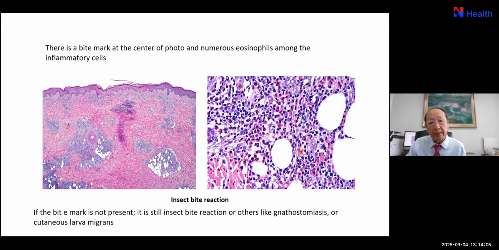I believe that gnathostomiasis is still present, even though it used to be in Thailand. We used to have it 50 years ago, but it is found in native freshwater fish. People who eat raw freshwater fish are subject to this condition.